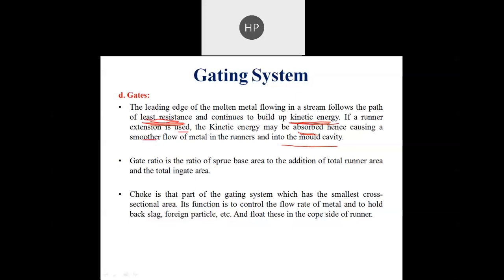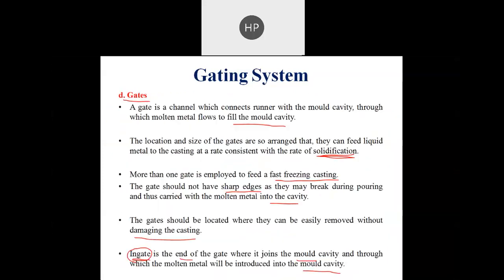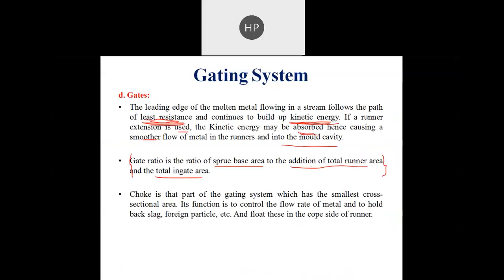The gating ratio is the ratio of sprue base area to the addition of total runner area and total ingate area. Okay, so that is the gating ratio. Gating ratio is an important criterion to design the gating system. It is the ratio of sprue base area, this is the sprue base area, with the addition of total runner area and total ingate area.